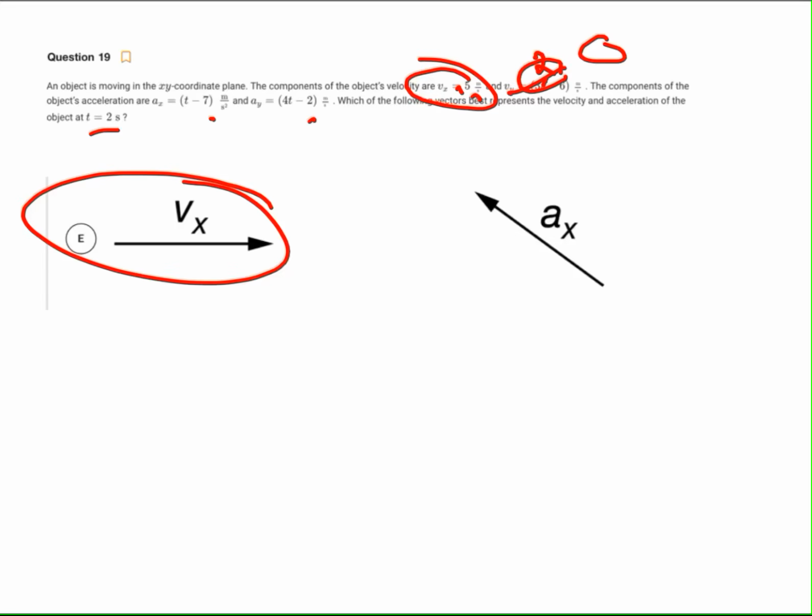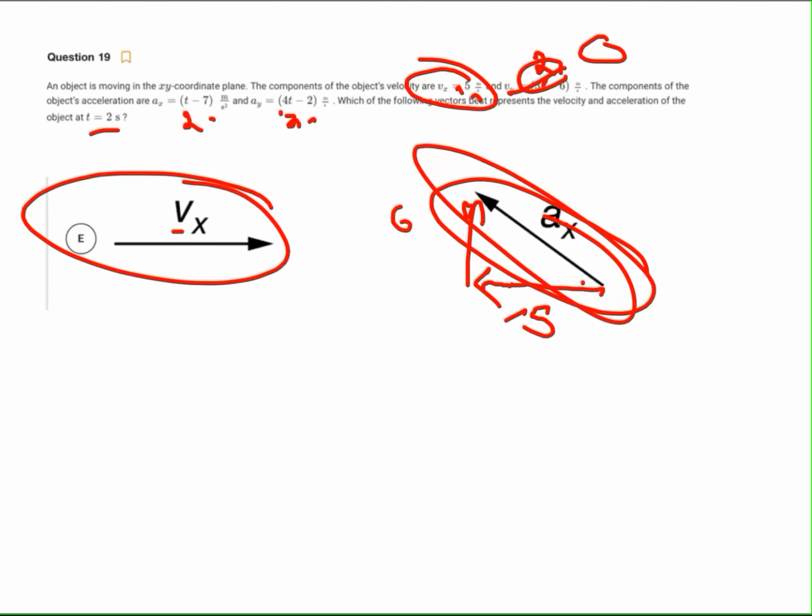So that ends up being my velocity. It's completely in the x direction. Now ax, you plug in 2 here, and you get an x component of -5. And you plug in 2 here, and you get a y component that is 6. So this is the only one of those choices that has an acceleration that is back and up.